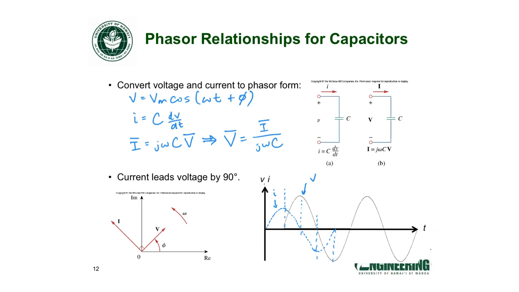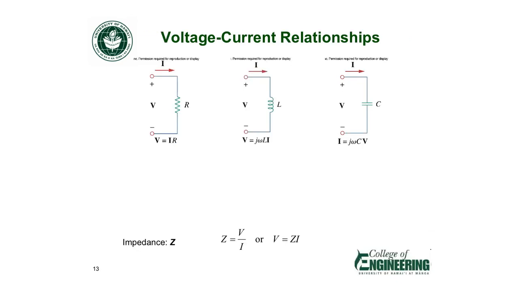Okay, so let's recap. These are our three elements. If we have a voltage across these elements and some current through them, there's going to be different relationships, which are written at the bottom of each diagram. So for the resistor, V equals IR.